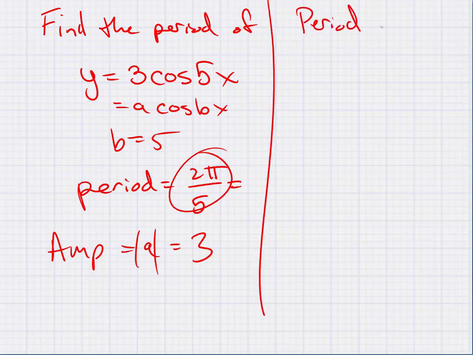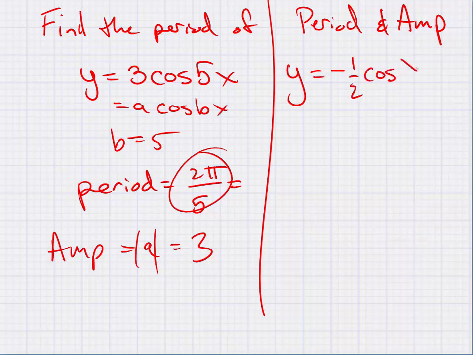Alright, how about another one? Period and amplitude of y equals negative 1/2 cosine of x over 4. In this case, a is negative 1/2, b is 1/4.